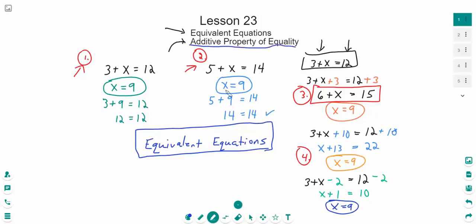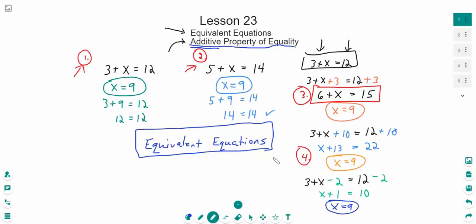And again, just to put that in simple language, all that means is that you can take an equation and do something to both sides, as long as it's the same thing to both sides, and still get an equivalent equation out of it. All right? And in this case, I should probably say we're adding something to both sides, or adding a negative number, which is like subtracting. All right? So hopefully that makes sense.